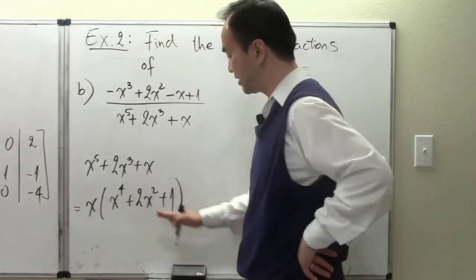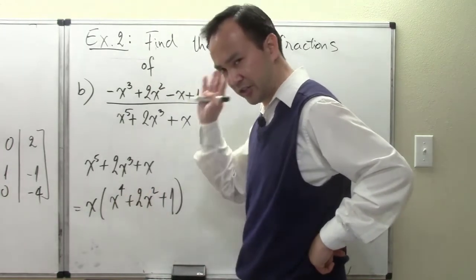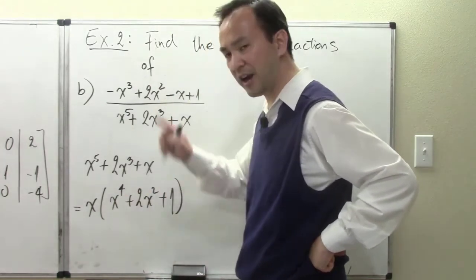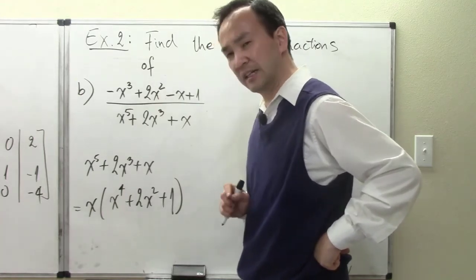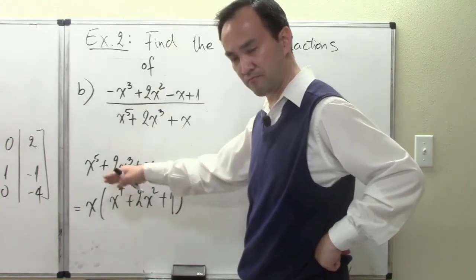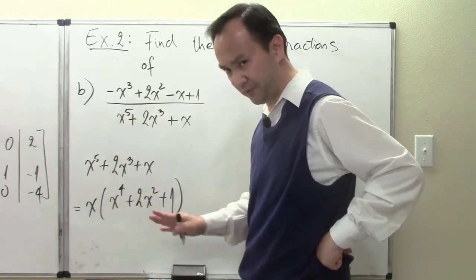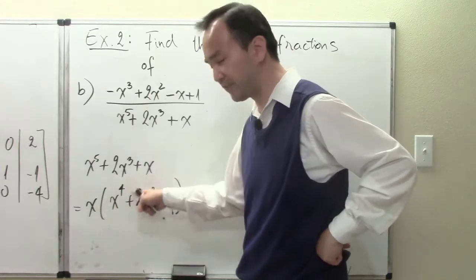Okay, so this is a 4th degree polynomial. And just like I said earlier in part A, anytime you're looking at a polynomial of degree higher than 2, there will definitely be a way to factor. It may be challenging, it may be easy, but there will definitely be a way.